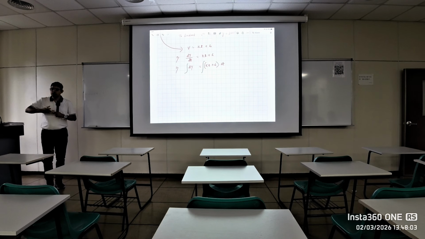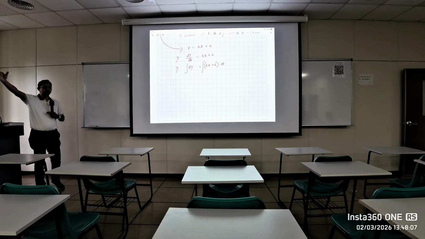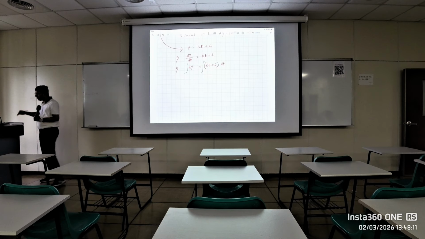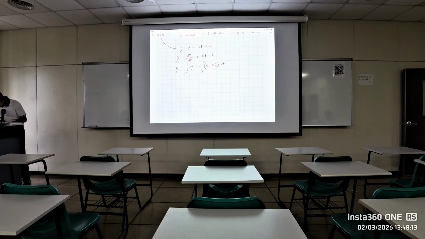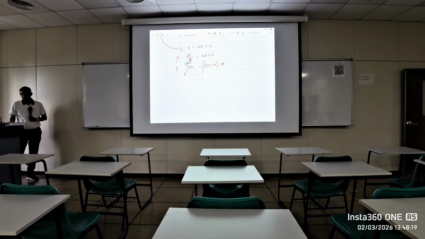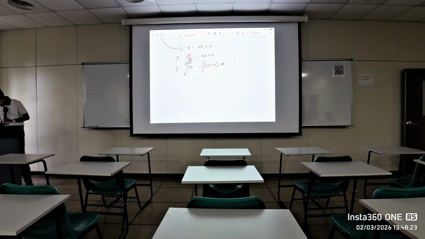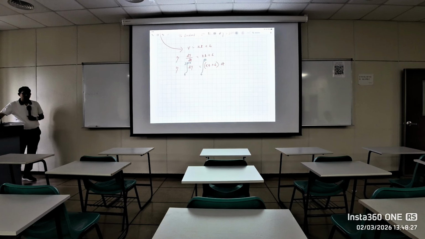That means when the distance was 0, it was there, but it will run for 3000 meters. That means the distance will range from 0 to 3000, as the time goes from 0 to 60.